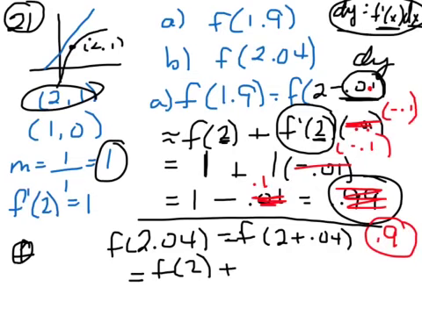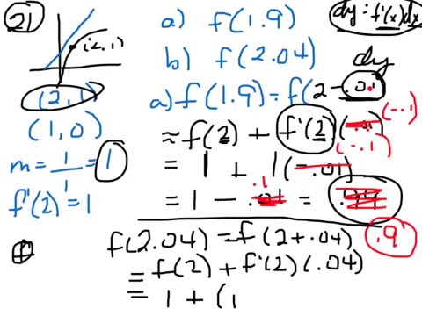It's the derivative at 2, f prime of 2, times my change in x, which is 0.04. I know that f of 2 is 1, and f prime of 2, the derivative at the point 2, we counted off. The slope of that blue tangent line was 1. So it's 1 plus 0.04, which is 1.04.